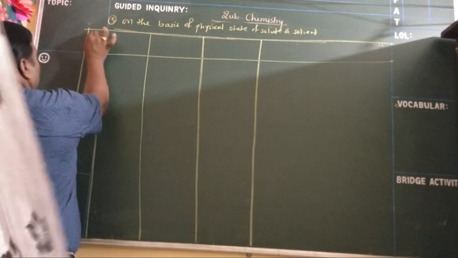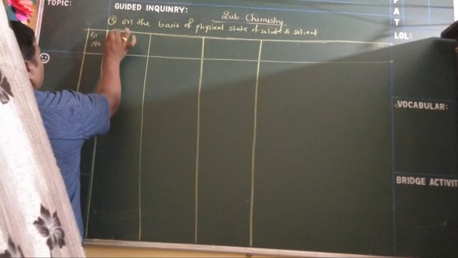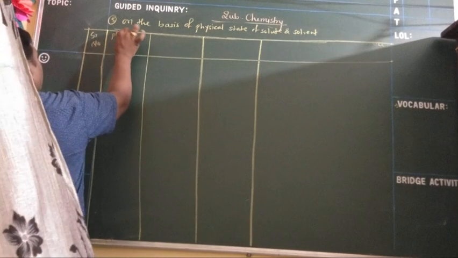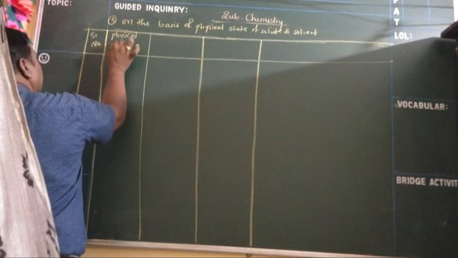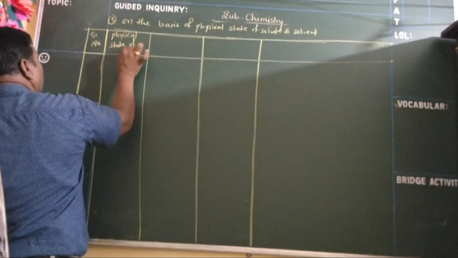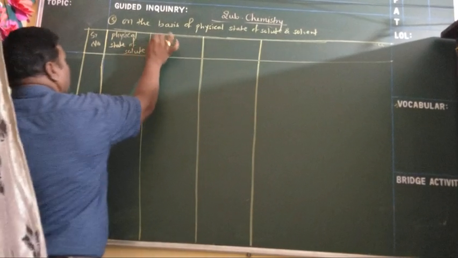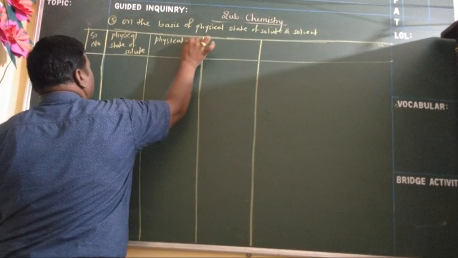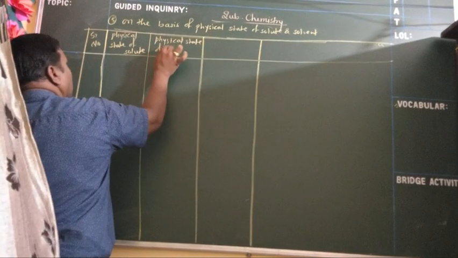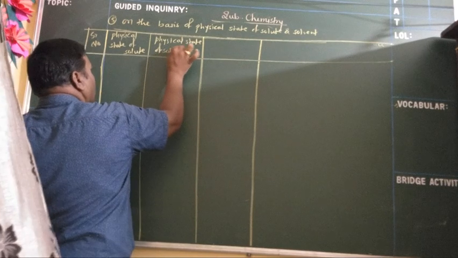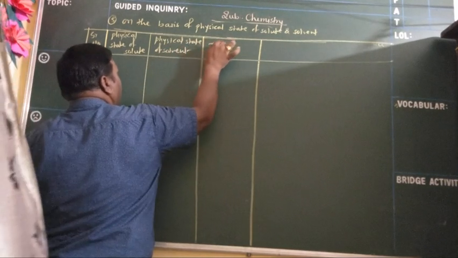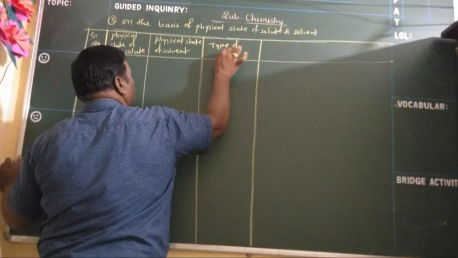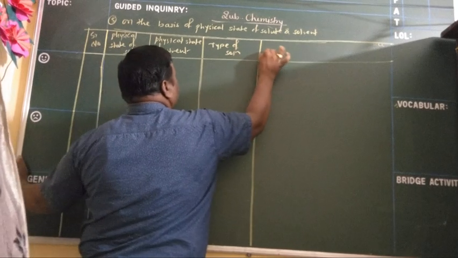Now the serial number here, physical state of solute, physical state of solvent, then type of solution and example.